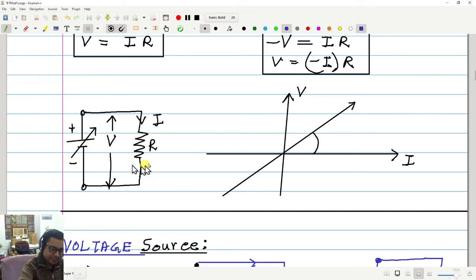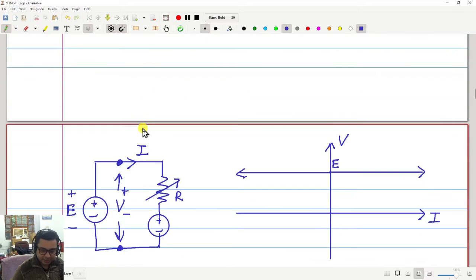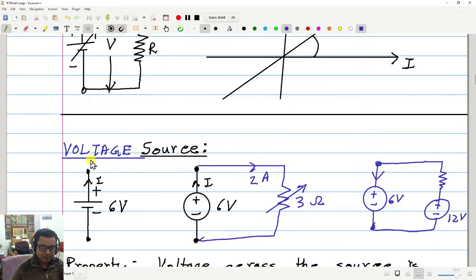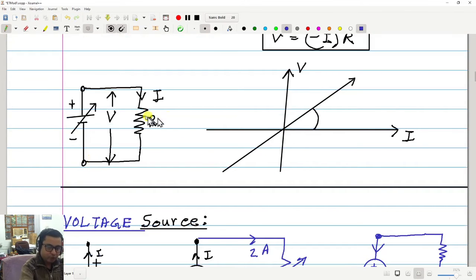So this is a fixed resistance, but applied voltage is changing, therefore current is also changing. However, in the next experiment which we have done here we are taking this source to be fixed and this resistance we are changing. So this graph is the property of this source, whereas this graph is the property of this resistance. Is it okay now?